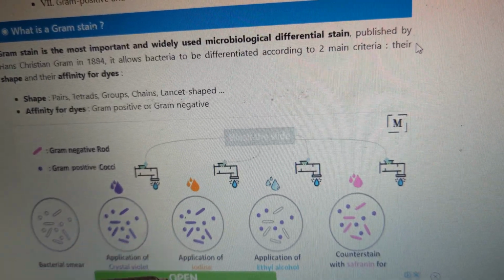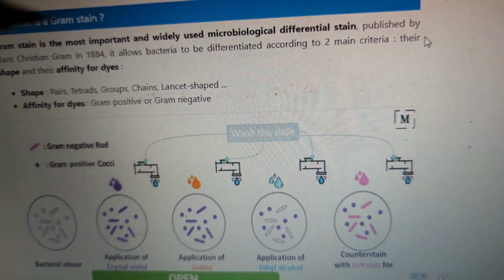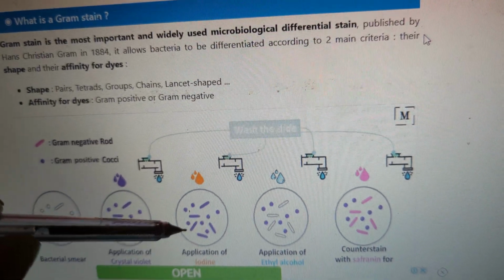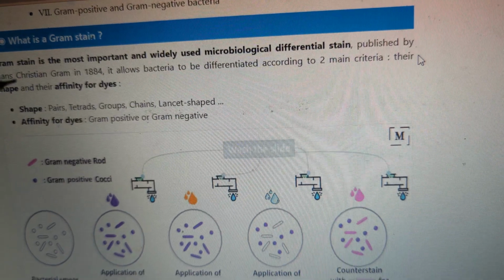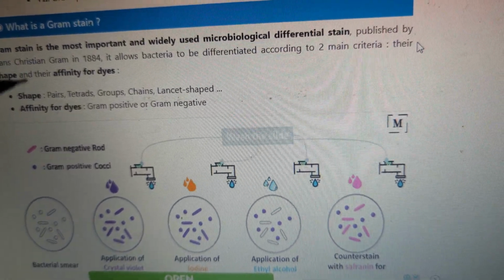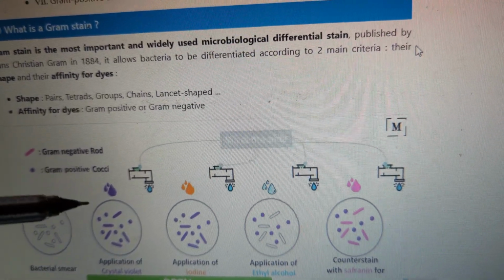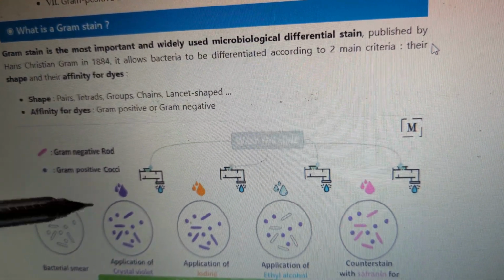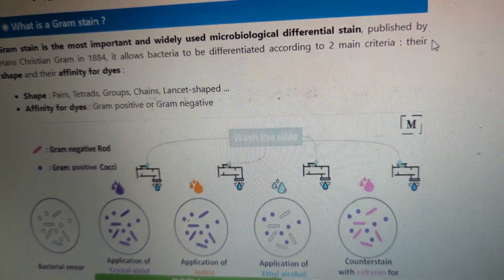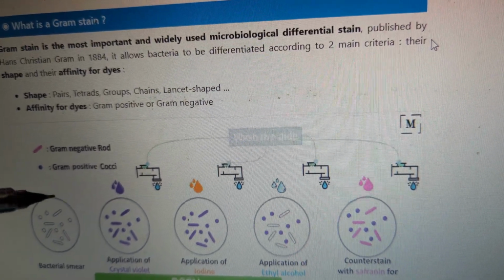We have the mordant iodine, which makes a nice big complex of the crystal and iodine in the procedure of gram stain. So at this point, whether the bacterium is gram positive or gram negative, they are both taking in the crystal violet into their cell wall, into their cells.